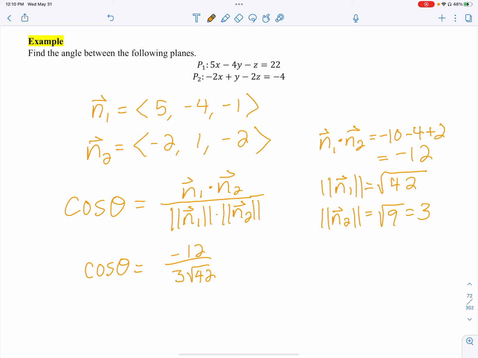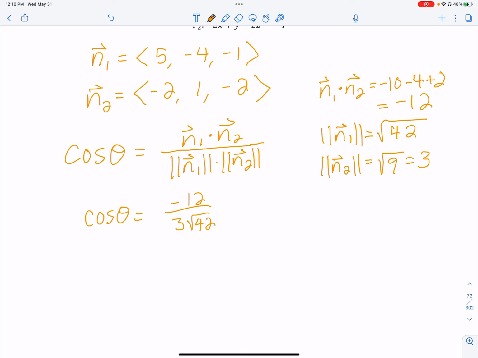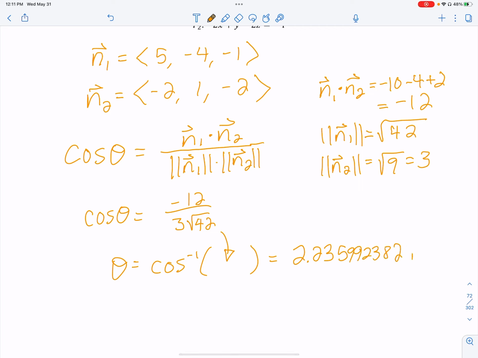I'm not going to worry about too much of that. I know theta now is equal to the inverse cosine of that thing. So I'm going to plug that in. Inverse cosine of -12 over 3 times the square root of 42. All right, I got 2.23582 rad.